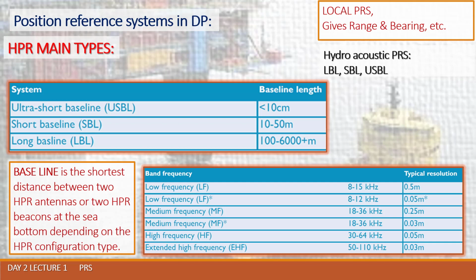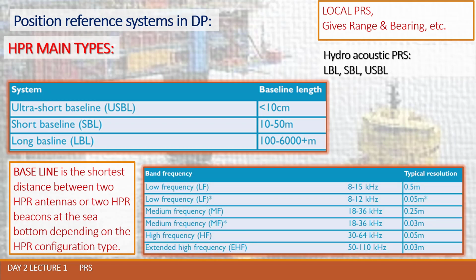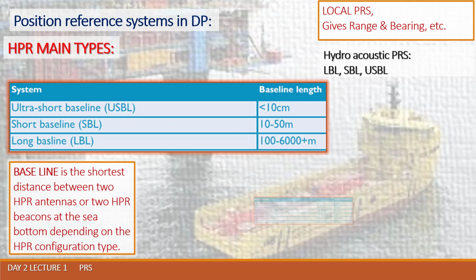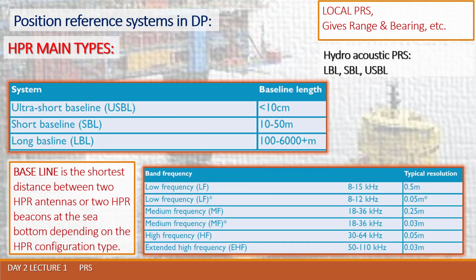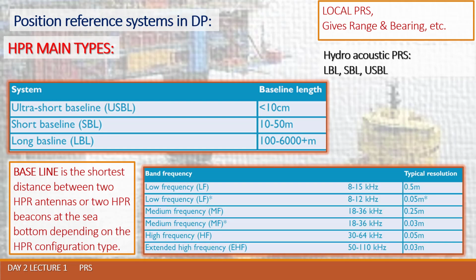Medium frequency plays from 18 to 36 kilohertz and gives us a typical resolution of about 0.03 meter. High frequency varies from 30 to 64 kilohertz and gives us a resolution of 0.05 meter.